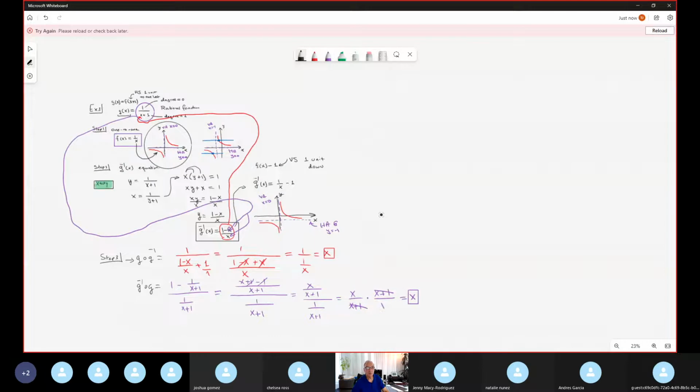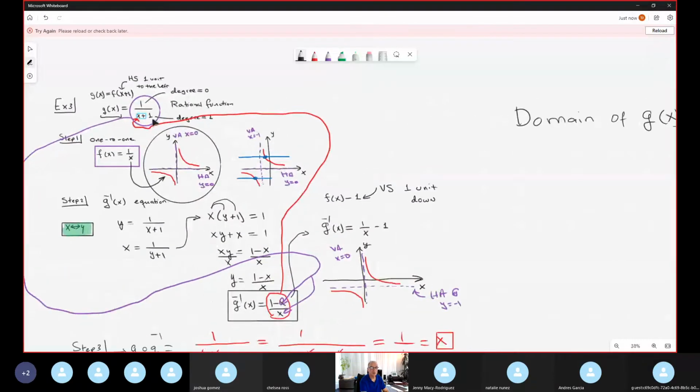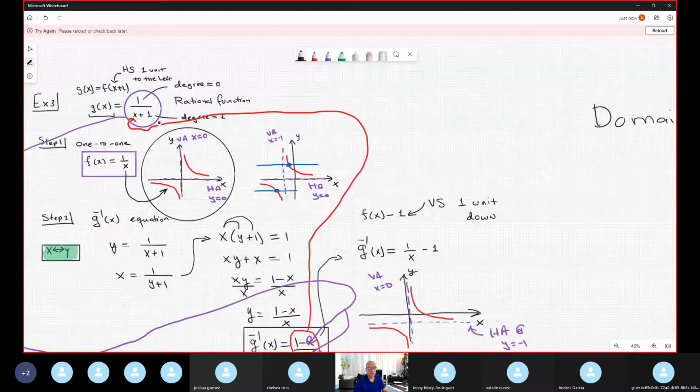Es obvio that the domain of my original G function is all real numbers except -1, que es the value que es asymptote. Yes or no? Look, you take the denominator. That's all we are doing.